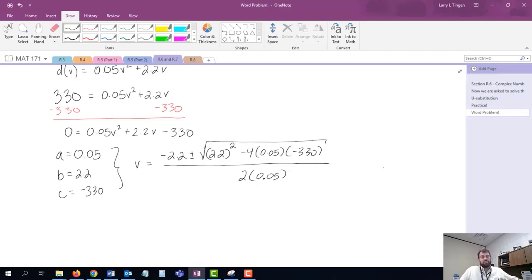That multiplication is going to result in a plus, so we're going to jump to the calculator here, because again, we're dealing with an application problem, not a direct math problem, so I can get some decimal answers, and everything's going to be fine. So 2.2 times 2.2 is 4.84, and then I told you this was going to be 4 times 0.05 times negative 330, which is going to give me negative 66.